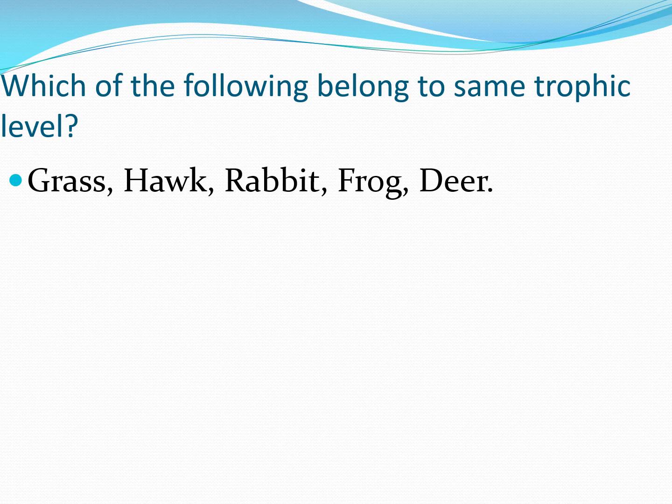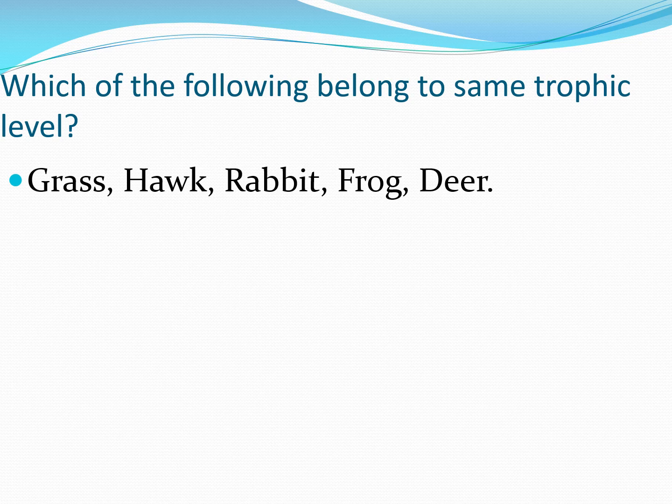Now here, which of the following belongs to same trophic level? Here few examples of food chains are mentioned. Then we should go through the different trophic levels and we have to mention the organisms which belong to same trophic level. First one, grass, hawk, rabbit, frog and deer. In the case of this one, grass is the primary producer, whereas rabbit and deer belong to primary consumer.